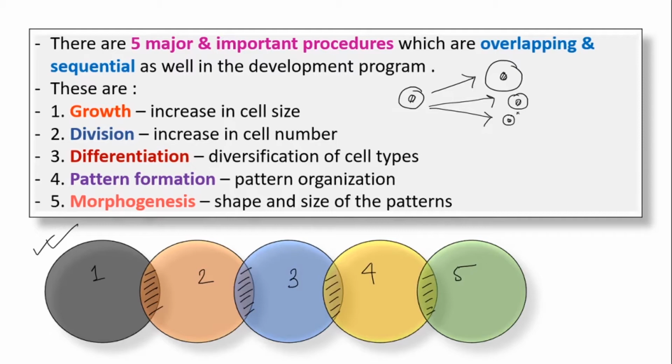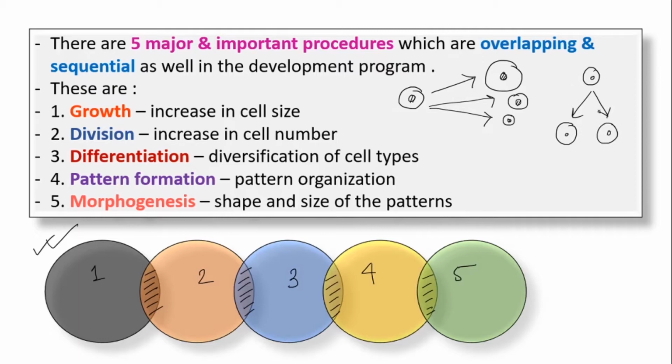Symmetric division is when this cell divides into 2 cells and these 2 cells are identical in structure.